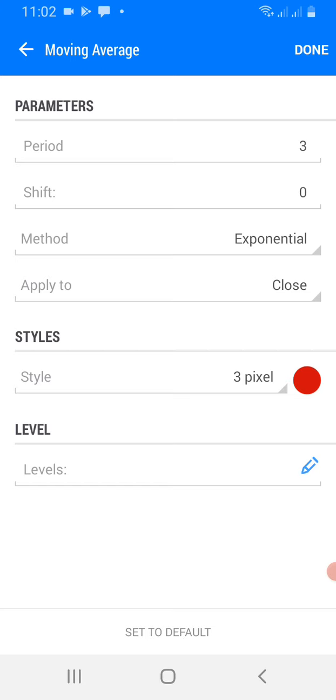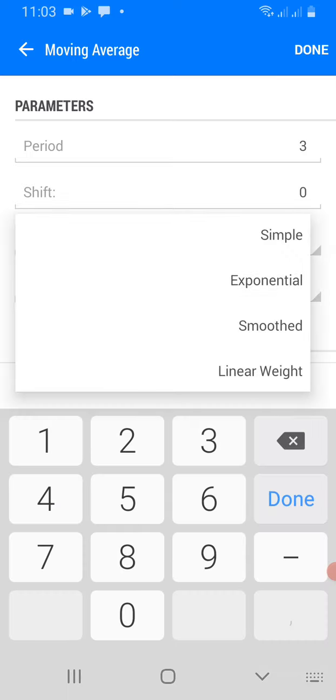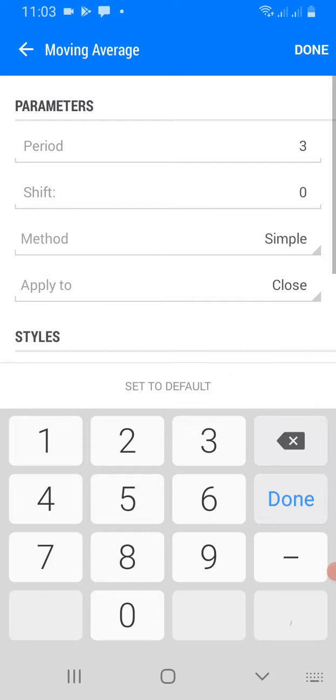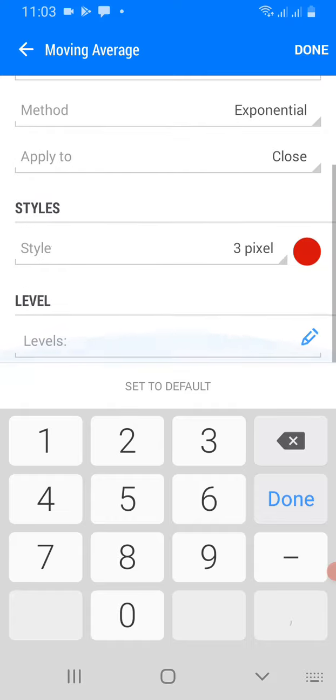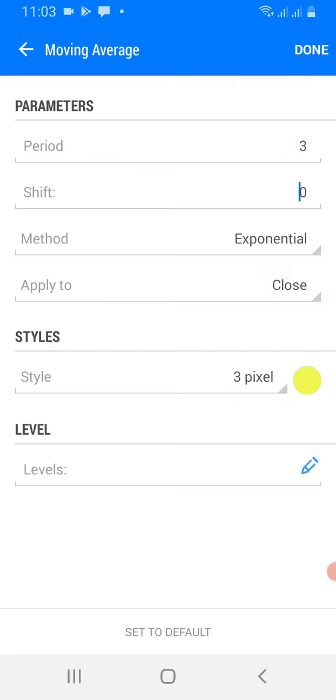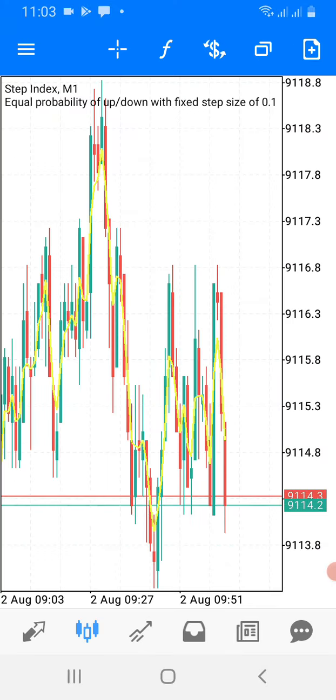For the first moving average, we'll use period 3. Then we'll shift to 0. As you can see on my screen, apply to exponential. Then 3 pixel for the style. Let's use yellow. You click done.